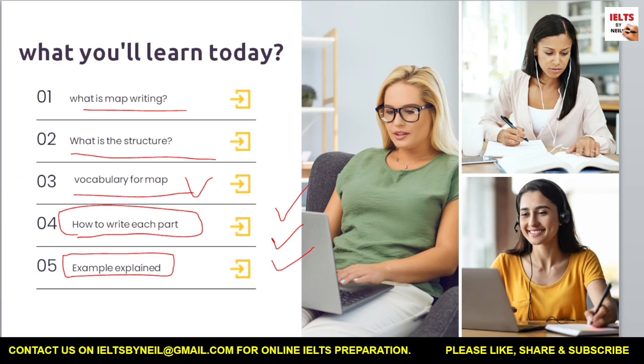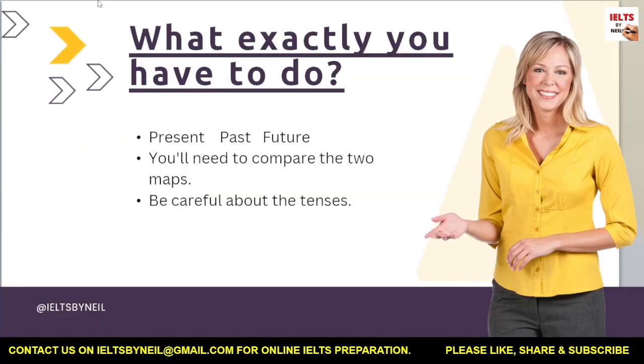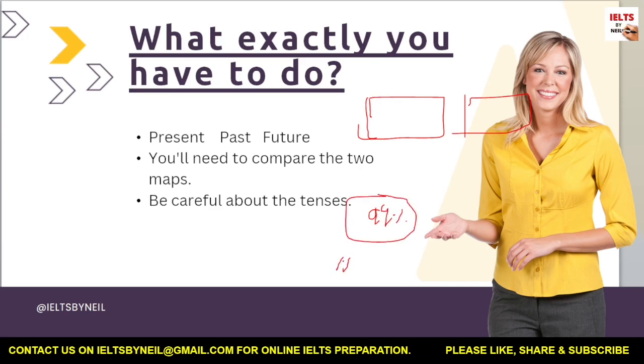So what exactly you have to do in the map is, you will be given two pictures, right? Most of the time, like 99% of the time, this will happen. Only a 1% chance is that you will have only one picture or three pictures. But 99% you'll get two pictures.